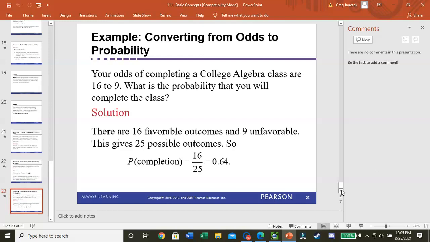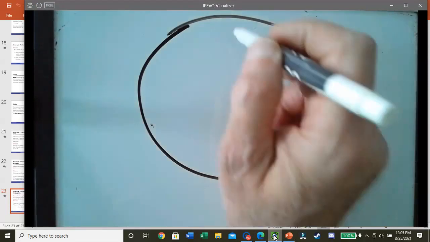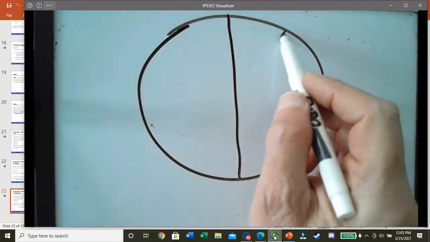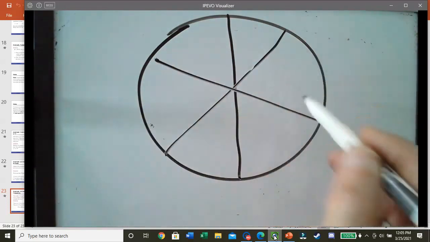All right, let me see something here real quick. Here's a wheel. We have this wheel here, and one, two, three.